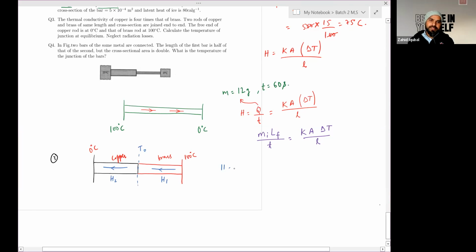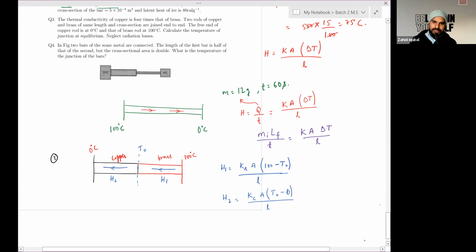So H1 is K of brass A delta T, that is 100 minus T0 divided by length. Heat current in copper will be K copper area change in temperature T0 minus 0 divided by length.